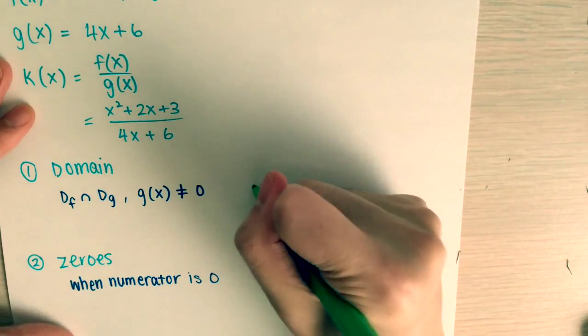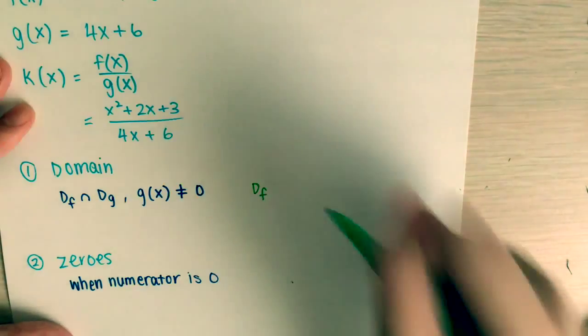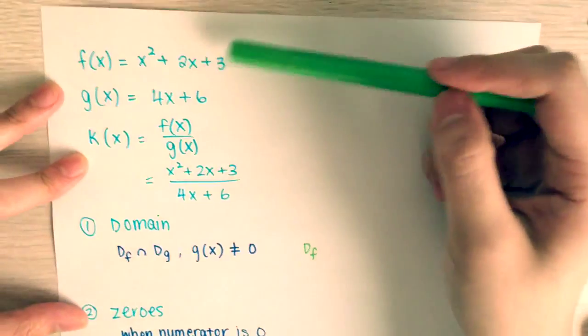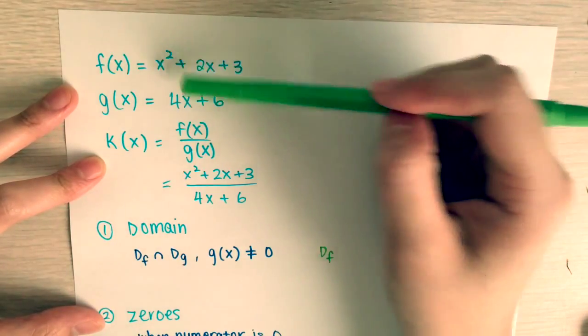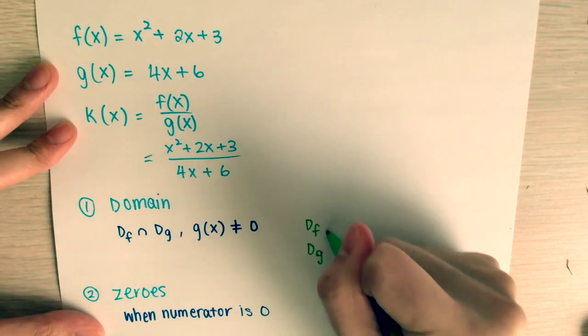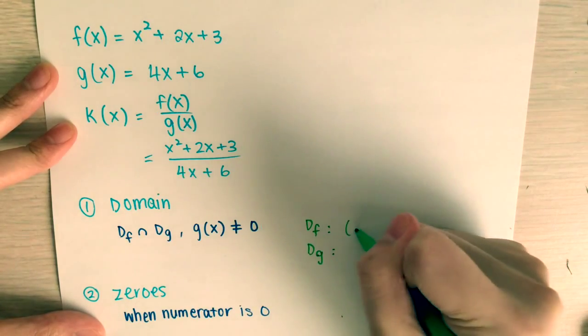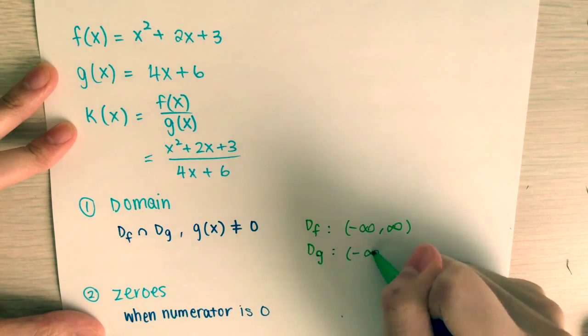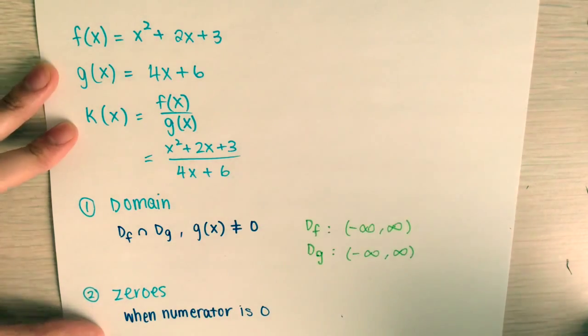So let's do this. Domain of function f intersecting with the domain of function g. If we look up here, their domains are as follows, D_f and D_g. We can easily see that these ones are all real numbers.